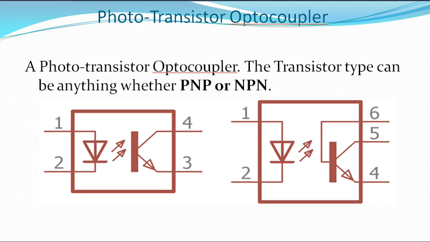The single transistor is faster than the double transistor, which means the phototransistor optocoupler is faster than the photo-Darlington optocoupler. Here it has a single transistor, the same thing, just as I explained initially.